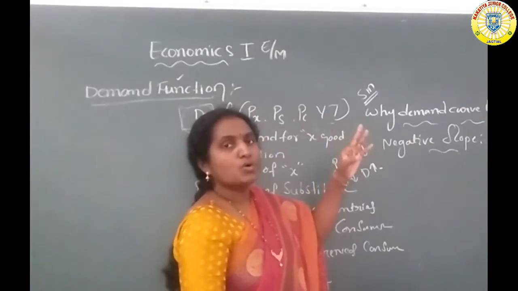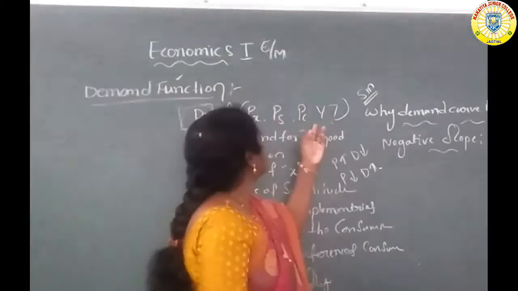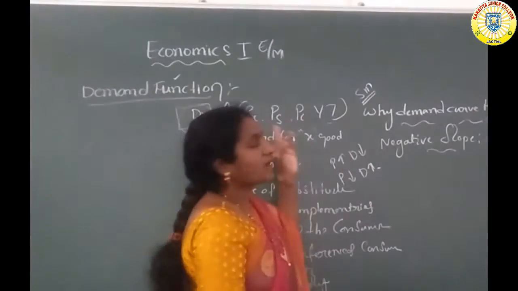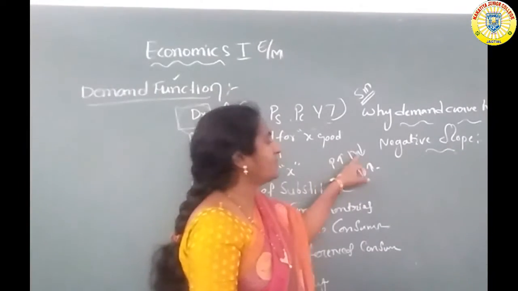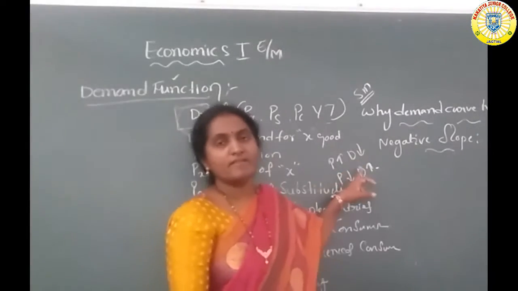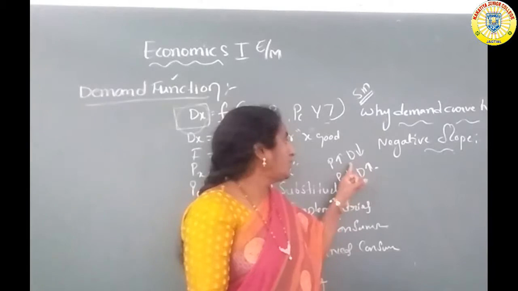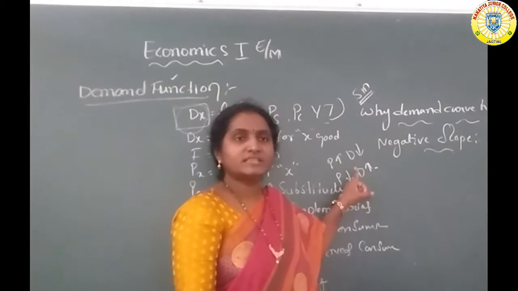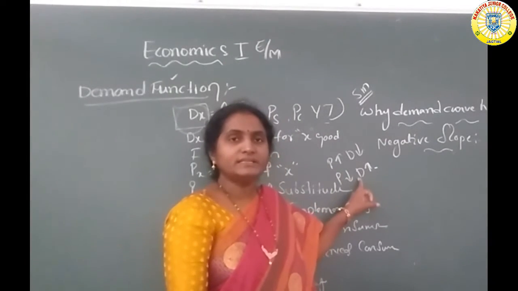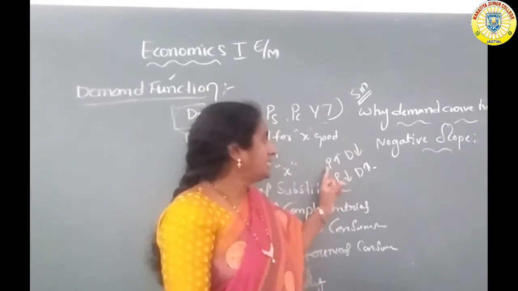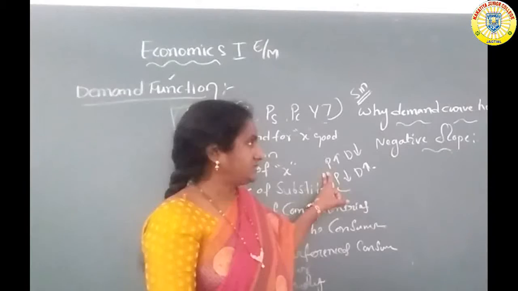There will be no change in these factors; only the price of the commodity changes. Consumers always try to buy more commodities at lower cost and fewer commodities at higher cost. So that is the law of demand.